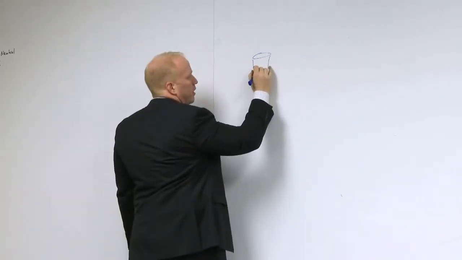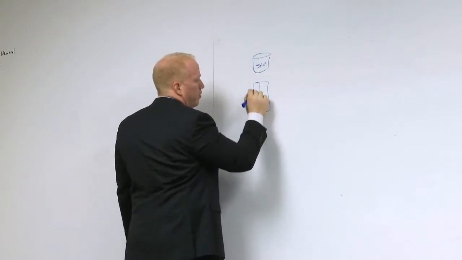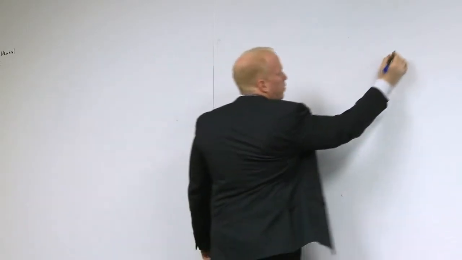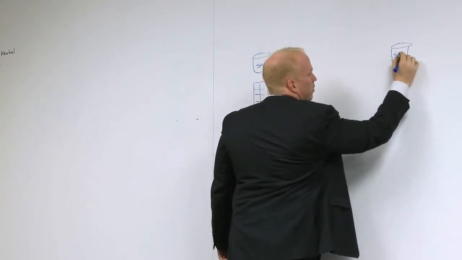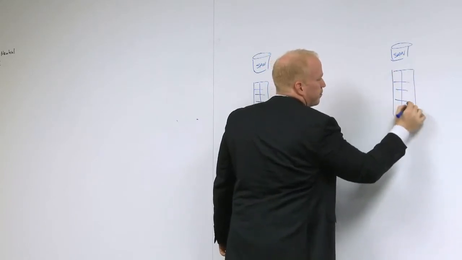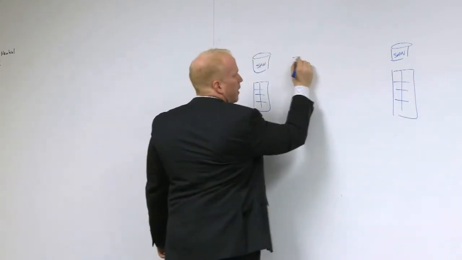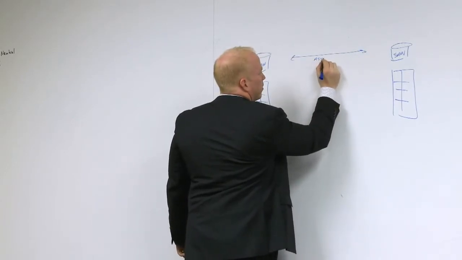So we have, again, a SAN and a whole bunch of compute. And then over here, say in New York, we have a SAN and a whole bunch of compute. Right? And we're replicating this back and forth using async.